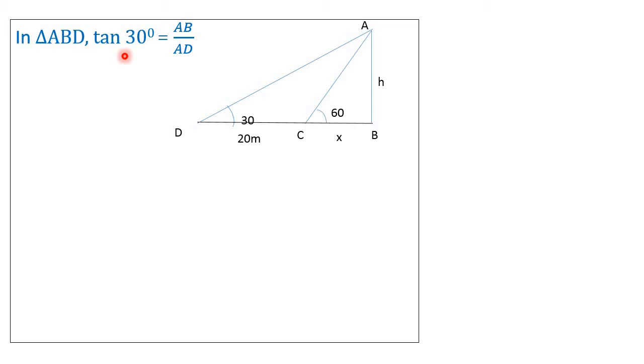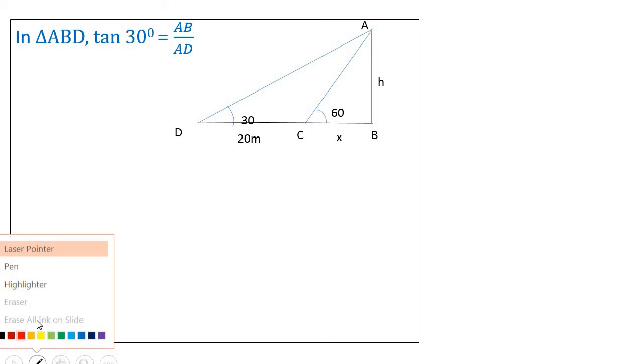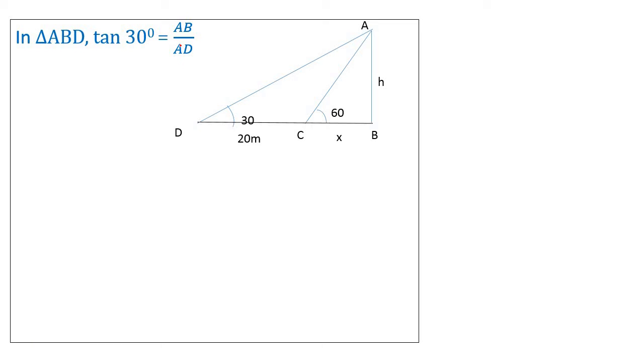Next, in the triangle ABD, let us take tan 30. Tan 30 is opposite side divided by adjacent. So opposite is AB, adjacent is BD. So that is equal to 1 by root 3.